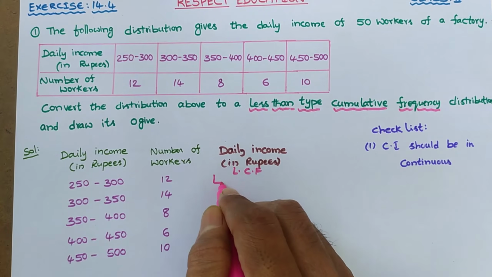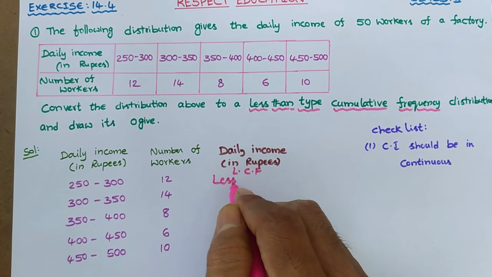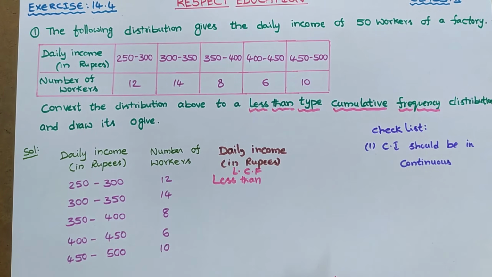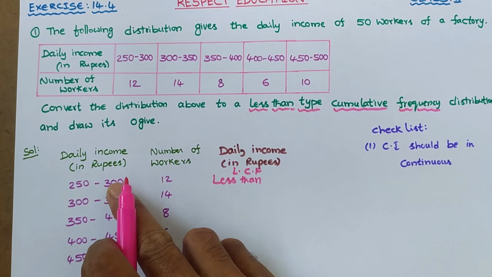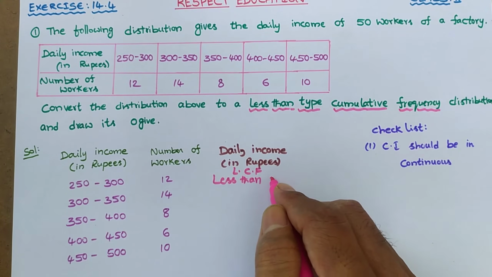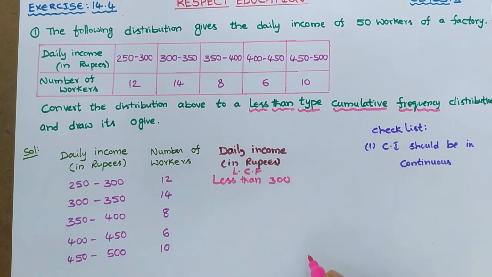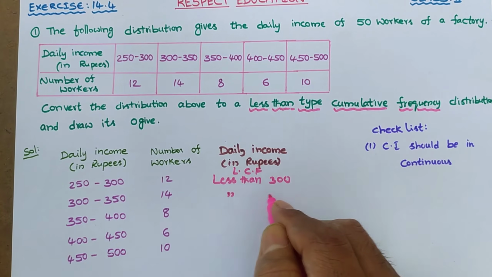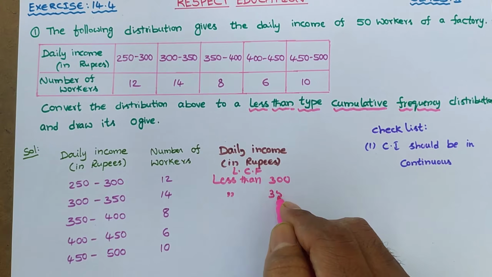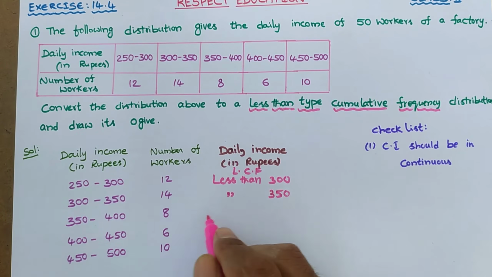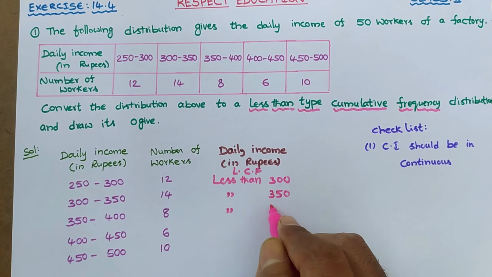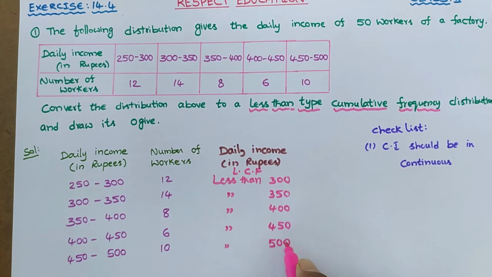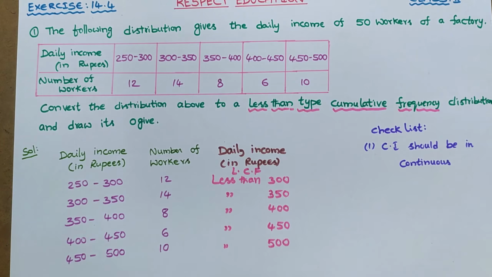First one is less than, you should take this upper limit, 300. Same as the second one, less than 350. Less than 400. Now we should write the cumulative frequency.